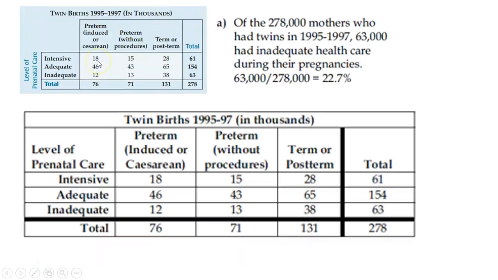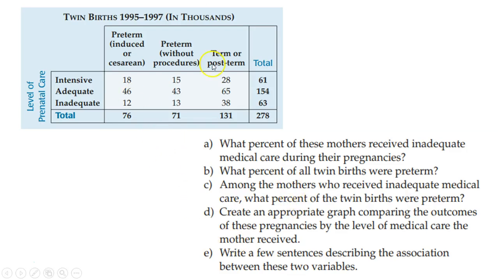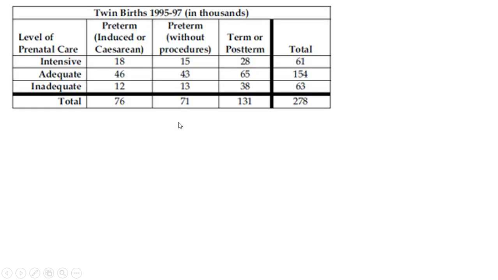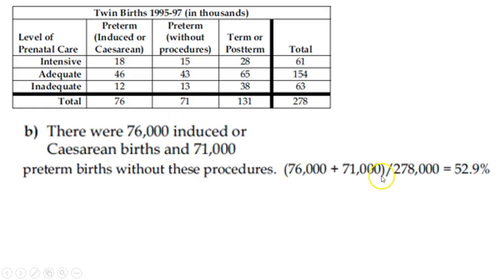Let's see here, what is it asking? What percent of all twin births were preterm? They're both preterm. So that's the total, but both of those are preterm is basically what it's getting at. So if you take both of those and add them up and divide by 278, you would get 52%.